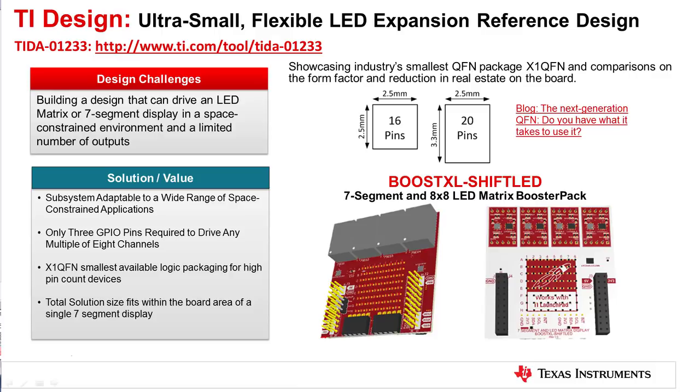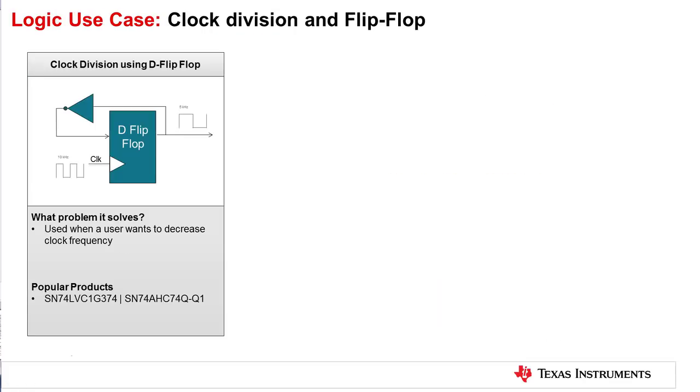Both the HC595B and the LVC244A are available in the industry's smallest logic QFN package, the X1QFN, and it fits conveniently behind the 7-segment display. It comes with an area size of 6.25 mm², which is about 3x less area compared to the 22 mm² size of the standard TSOP package.